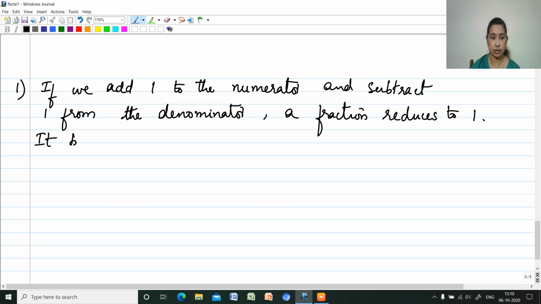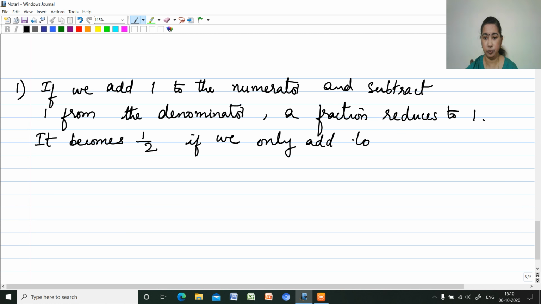It becomes 1 by 2 if we only add 1 to the denominator.